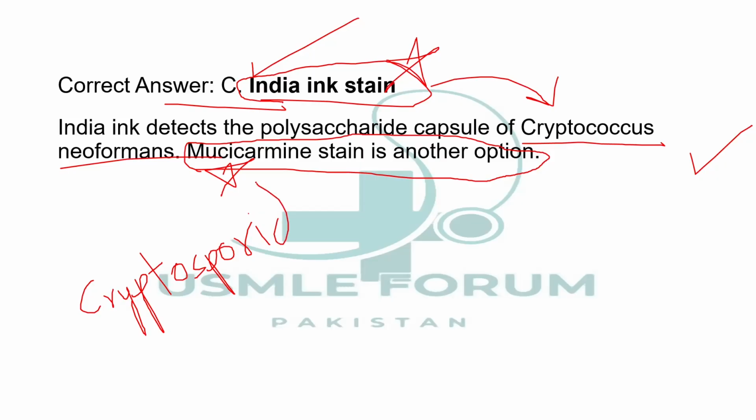It can sometimes cause bloody diarrhea, but this specifically causes watery diarrhea, which is the most common cause of diarrhea in HIV patients. And cryptococcus is limited to the brain, so it causes meningitis and encephalitis. So you need to remember this distinction.